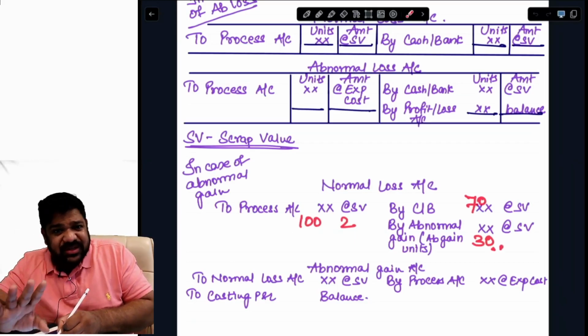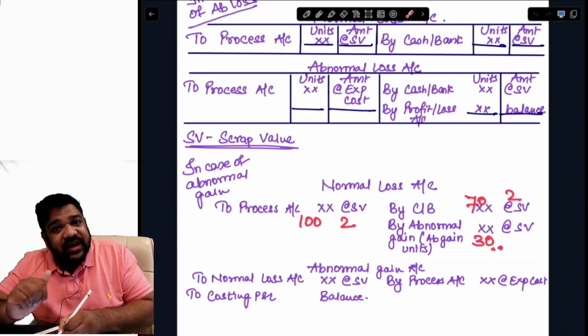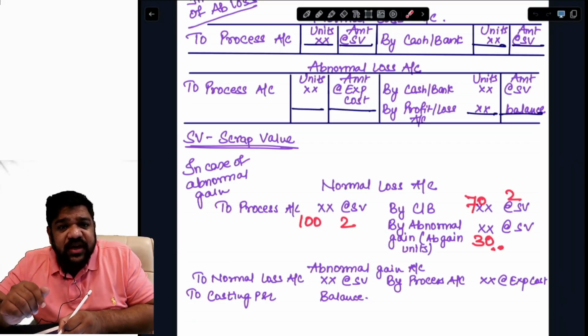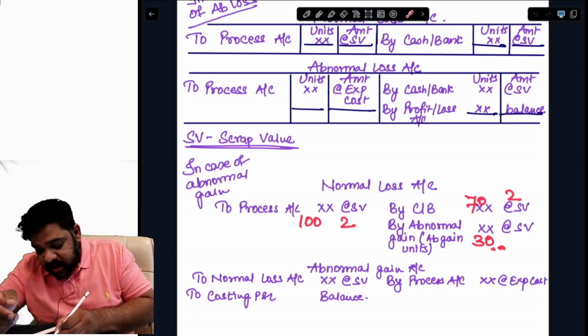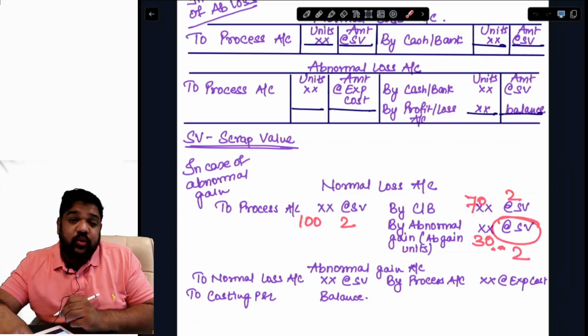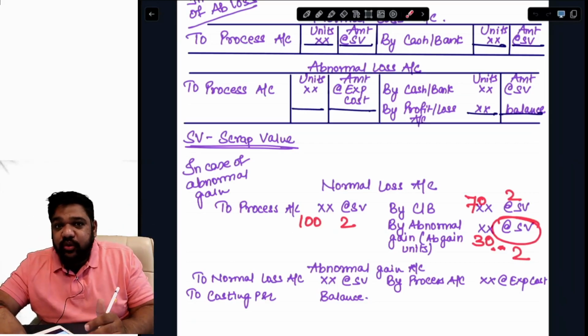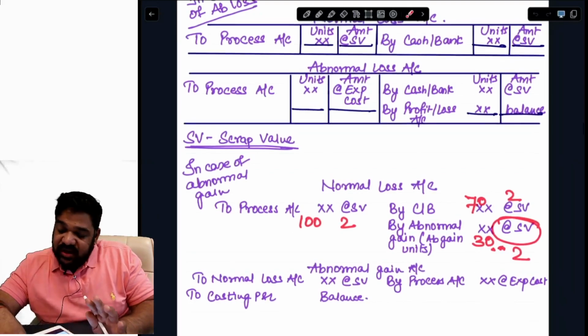If you've lost only 70 units, those are the only units you will collect at scrap value. But what do you do with these 30 units then? These units will be sent to the abnormal gain account at what value? At scrap value, which is 2. Why? Because that is the value at which it came into the process account, so that is the value it will exit the process account as well.